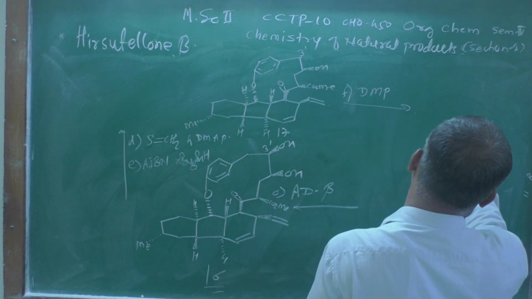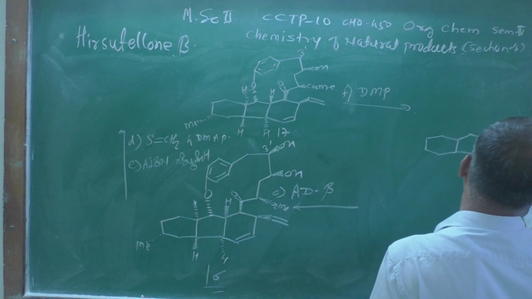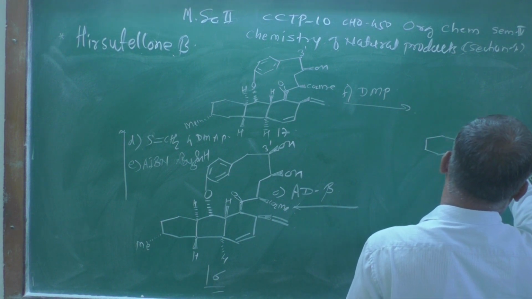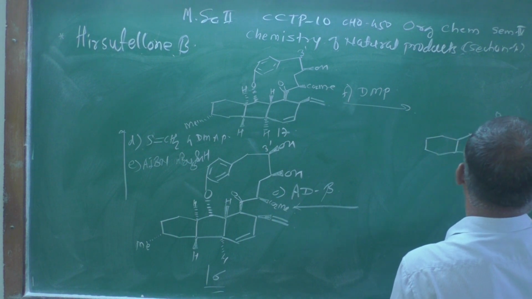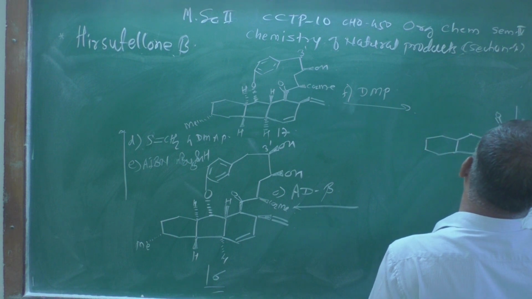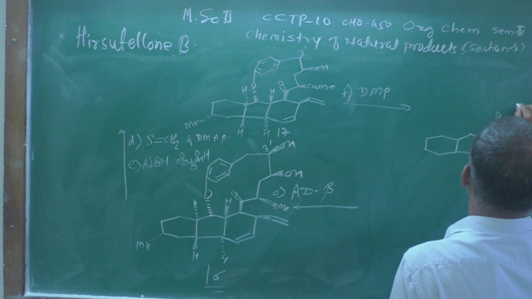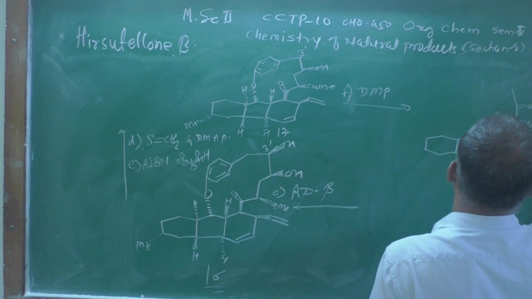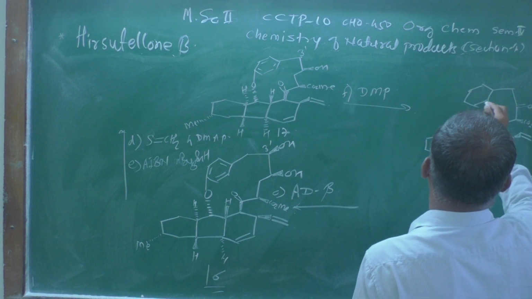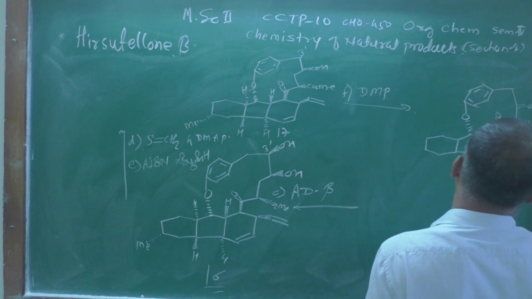Let me draw the structure once again. Here the double bond, here the C double bond O group, one group above the plane, then CH2, and the CO2Me group remains as it is. Here it is oxidized, and we get this paracyclophane ring with oxygen, and we can join over here.